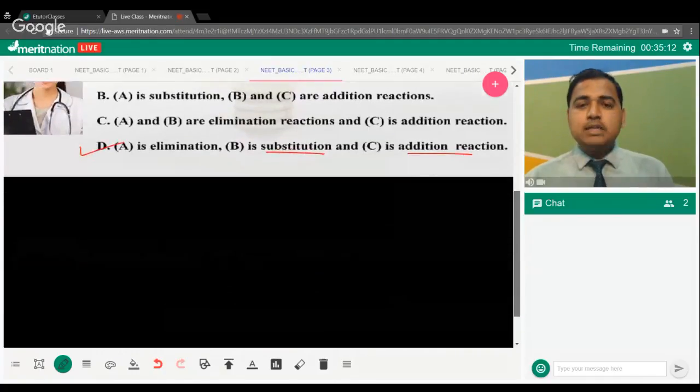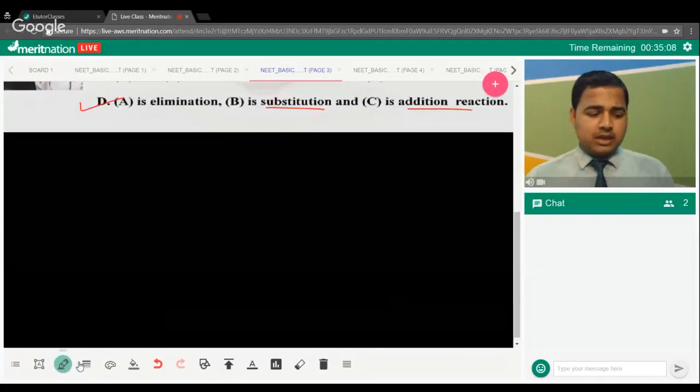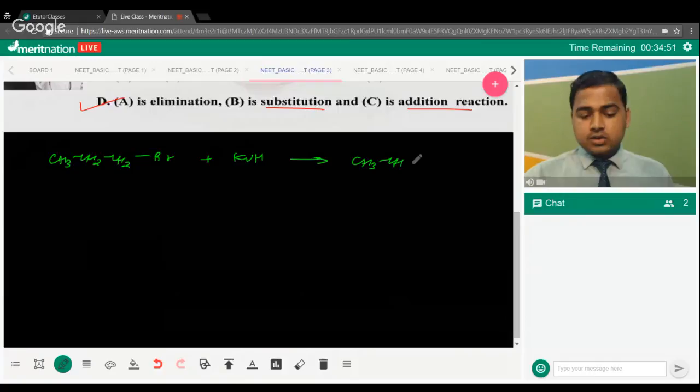But how is it elimination? Let's have a look at the first reaction. The first compound is CH3, CH2, CH2, Br. Students, it is given KOH, and the product is CH3, CH2, CH double bond CH2, and KBr as the byproduct.